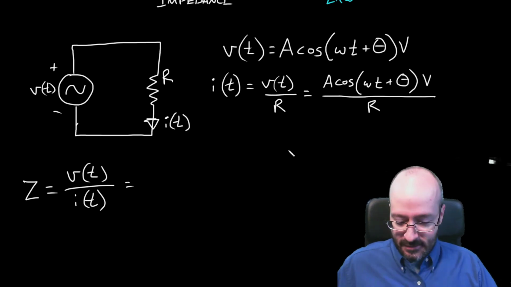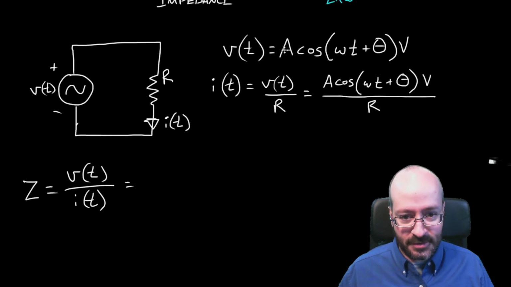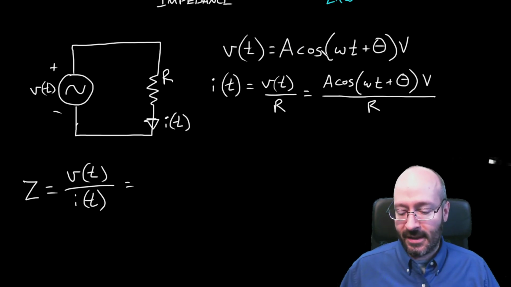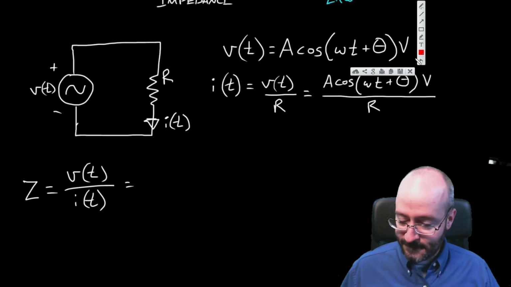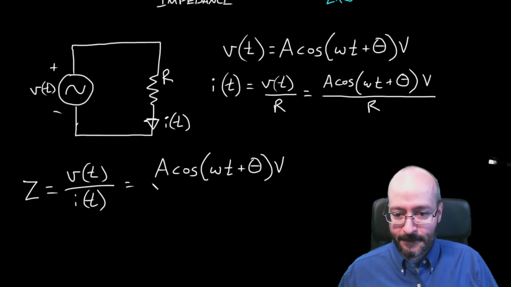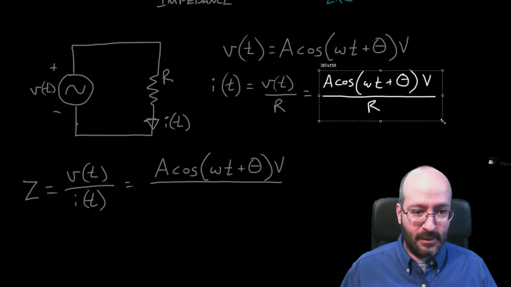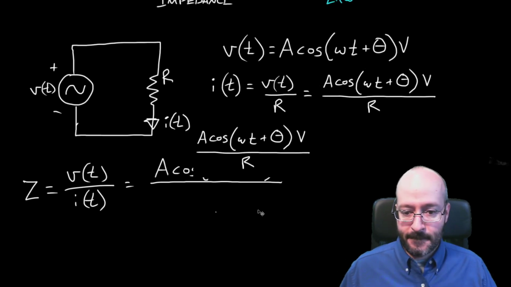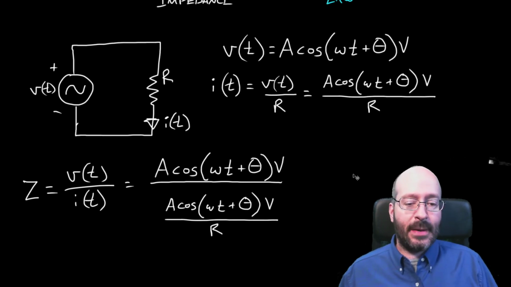Okay, so we can cut and paste some stuff just to save my carpal tunnel a little bit. Okay, so we can drop that down there. That's our voltage, right? And here's our current. A few things drop out right away.